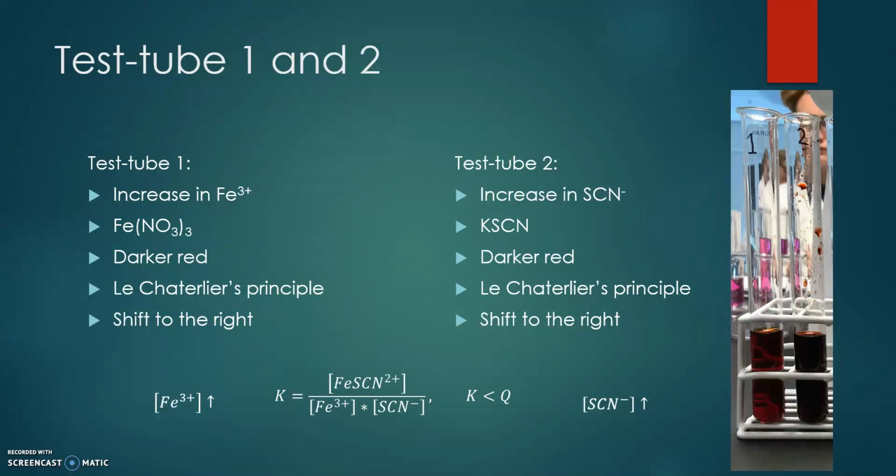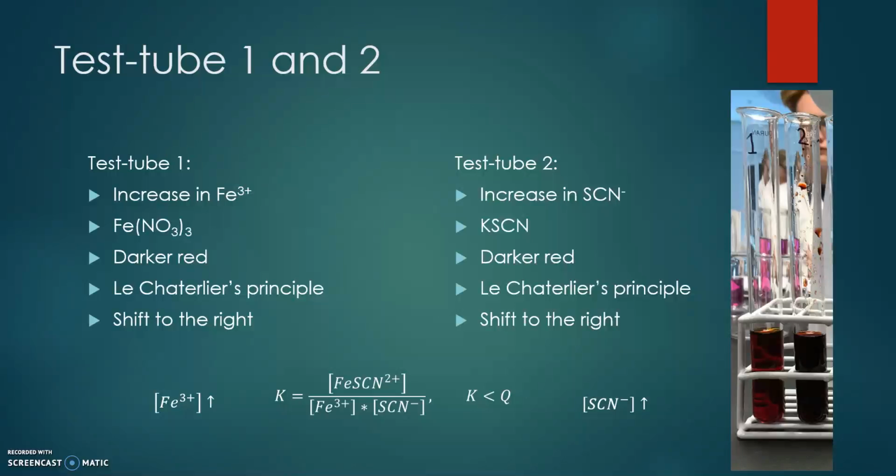In test tube 1, we increased the concentration of iron(III) ions by adding iron nitrate. We saw that the solution turned a darker red. This can be explained by Le Chatelier's principle, which states that if one or more factors that affect the equilibrium is changed, the position of equilibrium shifts in the direction that reduces the change.